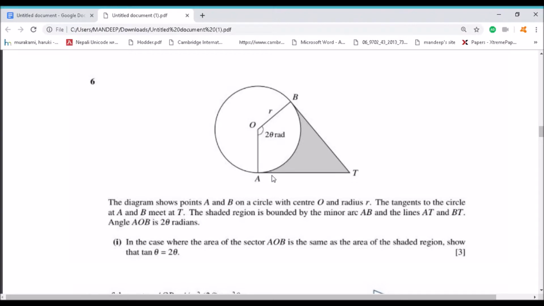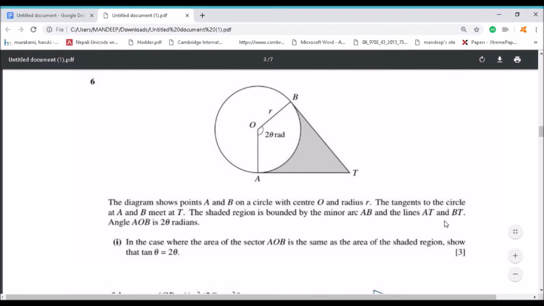If it's tangent, this is 90 degrees. It's a rule. The shaded region is bounded by a minor arc AB and the lines AT and BT.